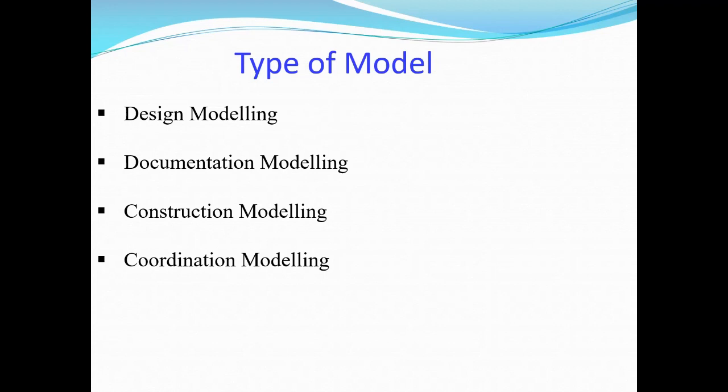During this discussion process, I don't need to do all the detailing. Before the client takes the decision, I don't need to do the beam design or the column design, because that is a waste of time when the client hasn't even finalized his layouts.